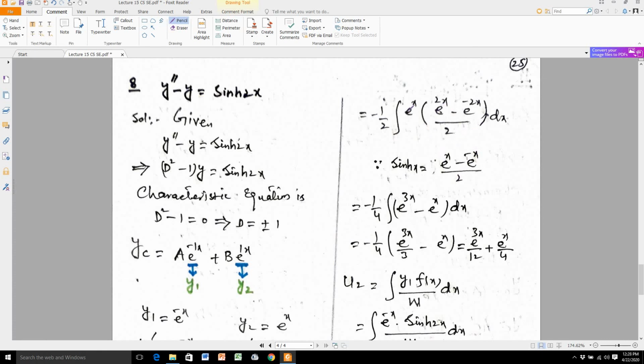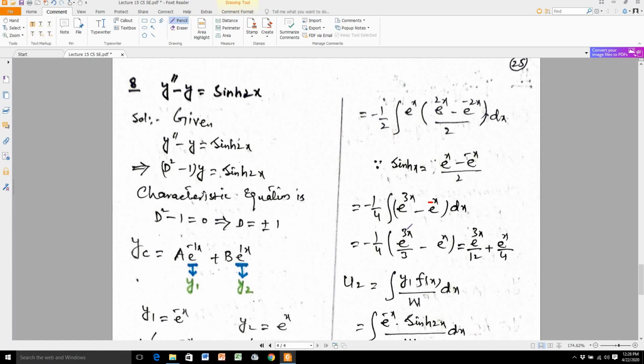Now I multiply this e raised to the power x with the interior terms. It becomes minus 1 by 4 into e raised to the power 3x by using the exponential properties. Then minus, when I multiply this with e raised to the power minus 2x, it becomes e raised to the power minus x. One thing I am missing here, that is the negative sign.